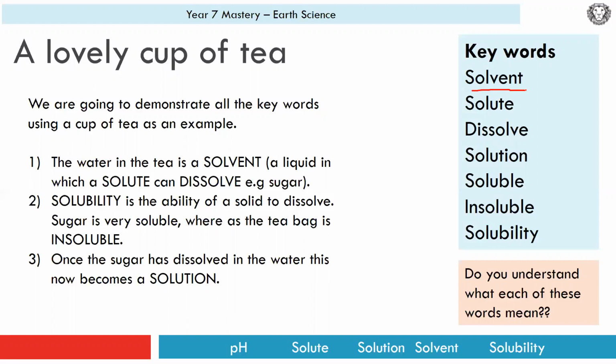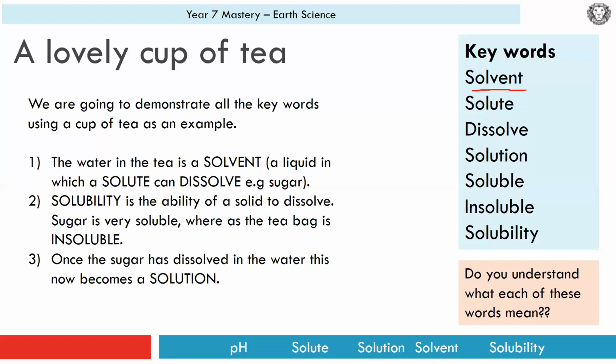So the solute is the thing that goes in. Dissolving is the ability for something to not break down, but to just become invisible in water or a liquid. For example, when you drop sugar into water, it dissolves and becomes invisible, so it mixes with the water.